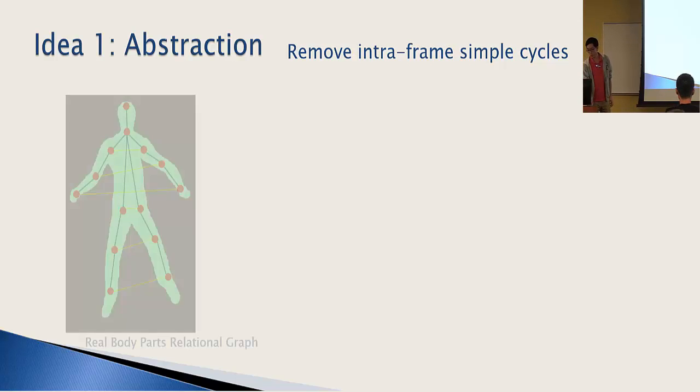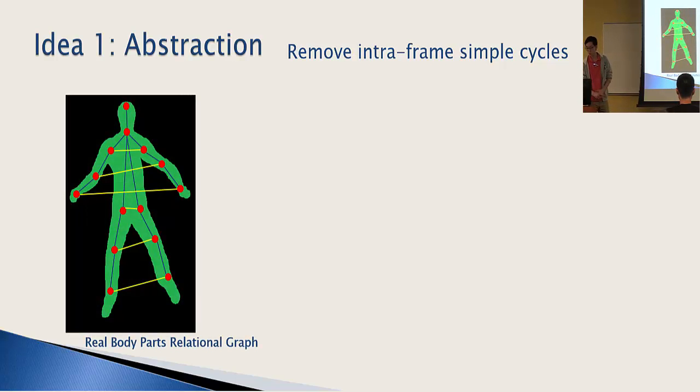So we have two ideas to make the graph a tree. The first idea is called abstraction, in which we remove the intra-frame simple cycles, which means the cycles in one frame. This is the real body parts relational graph, and you can see that there are a lot of cycles around a simple cycle in this graph.